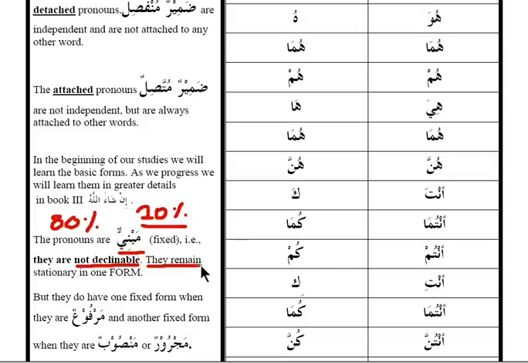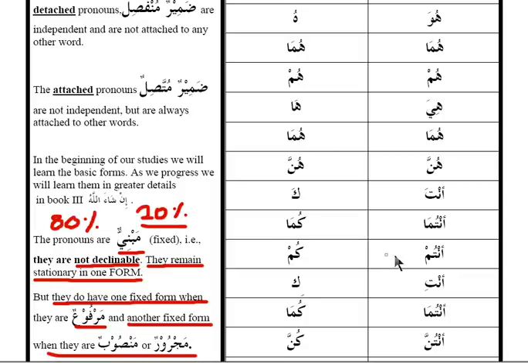Which means they remain stationary in one form. They don't change. However, they do have one fixed form when they are marfu', one fixed form when they are mansoob or majroor. So this section here, which is what we covered all the way down, there's still more.